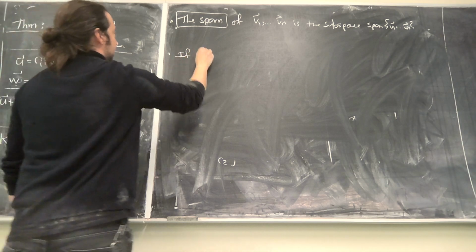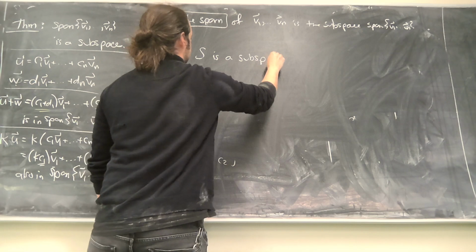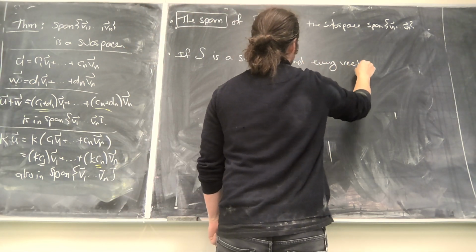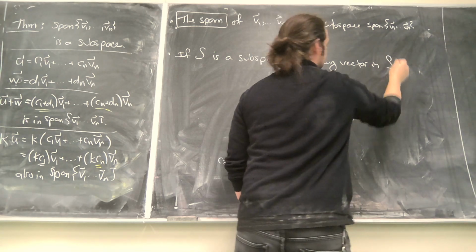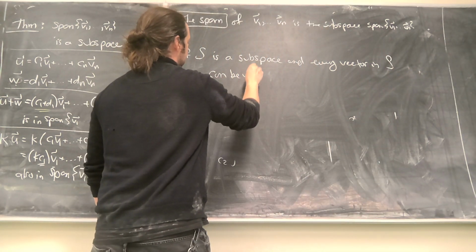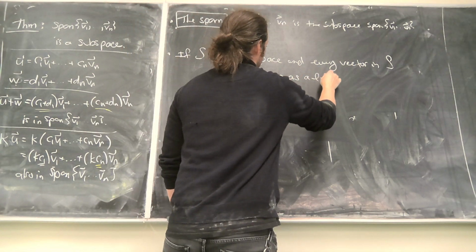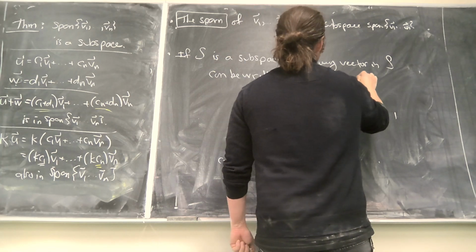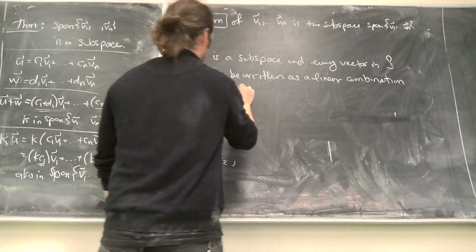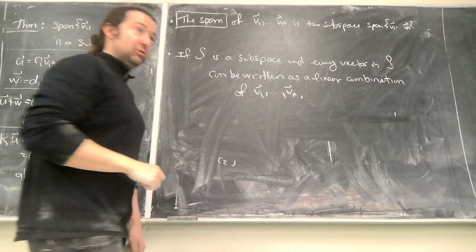If S is a subspace and every vector in S can be written as a linear combination of V1 through Vn, is this another definition? It is a new definition.